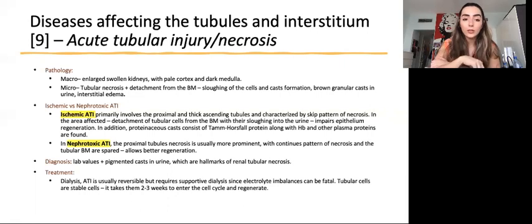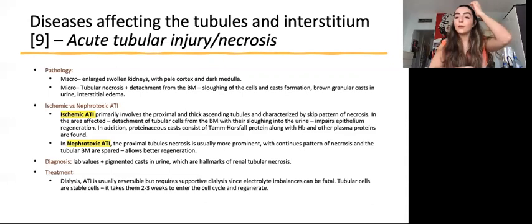While in nephrotoxic, the proximal tubules are more prominent, not like ischemic, which has the thick ascending ones. And it's a continuous pattern, not a skip pattern of necrosis. The tubular basement membrane is spared, unlike the ischemic one, where you have detachment of the tubular cells from the basement membrane and sloughing into the urine.